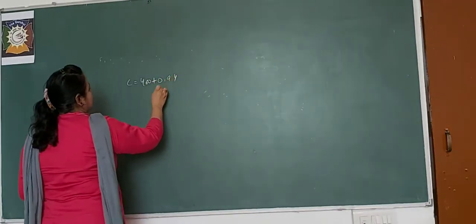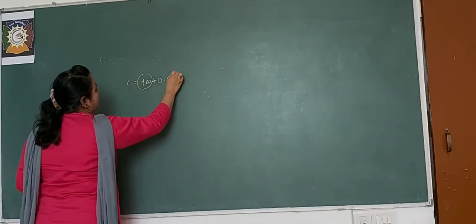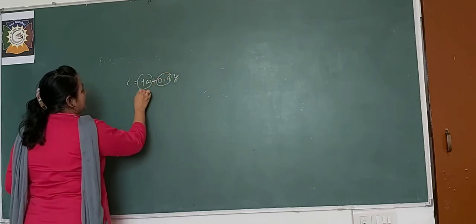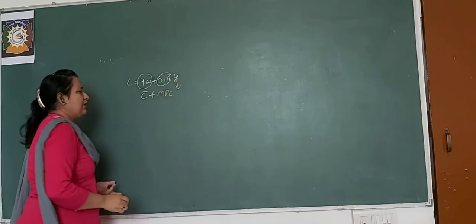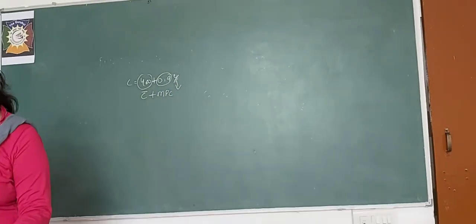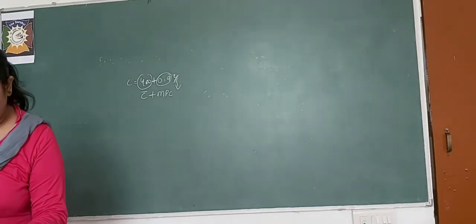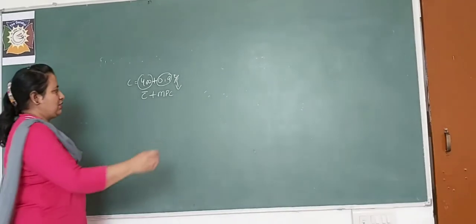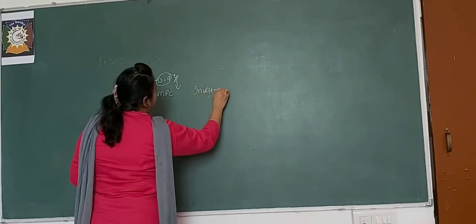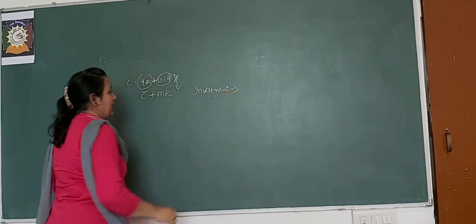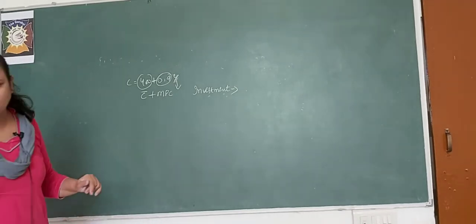It means this is autonomous consumption, this is C bar, this is MPC and this is level of income. You know this thing. And one more is given, I means investment. We denote it by I, that is investment given 4,000.